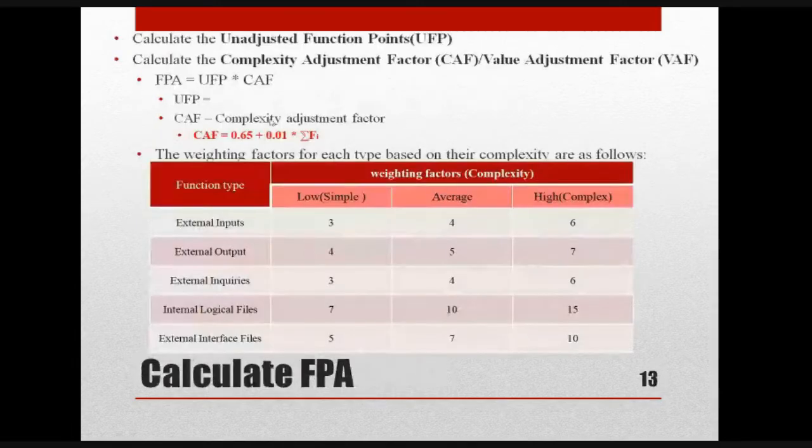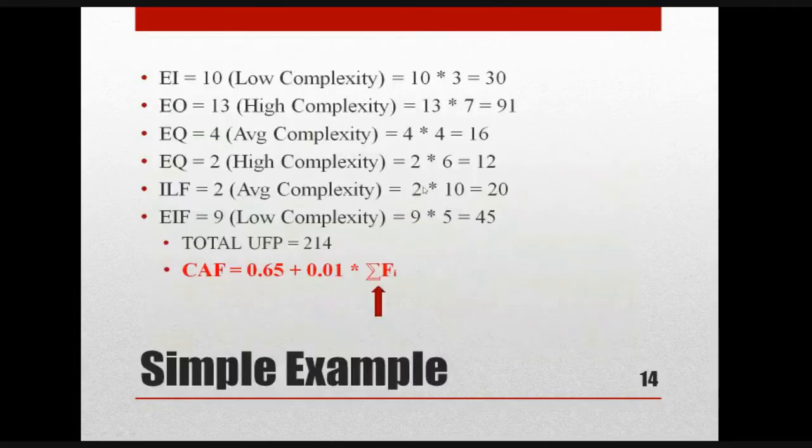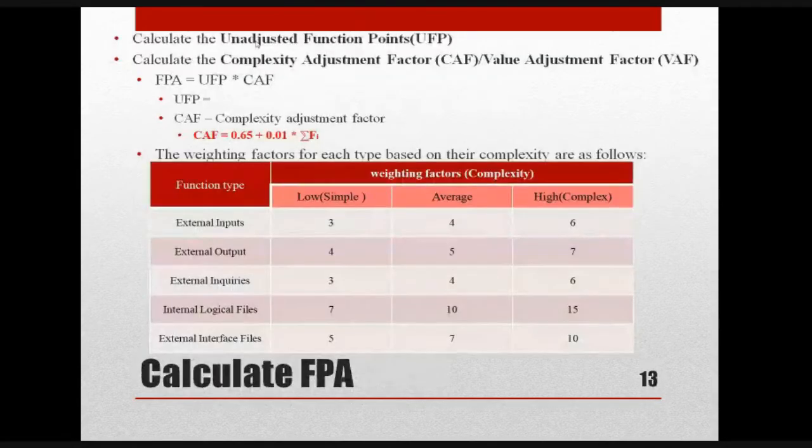What is UFP? Unadjusted function points. See, all these things you won't be able to adjust. You cannot convert the high complexity to low complexity. It is high complexity. You cannot change it. You cannot convert the high complexity into average complexity. That is why it is called unadjusted function points.